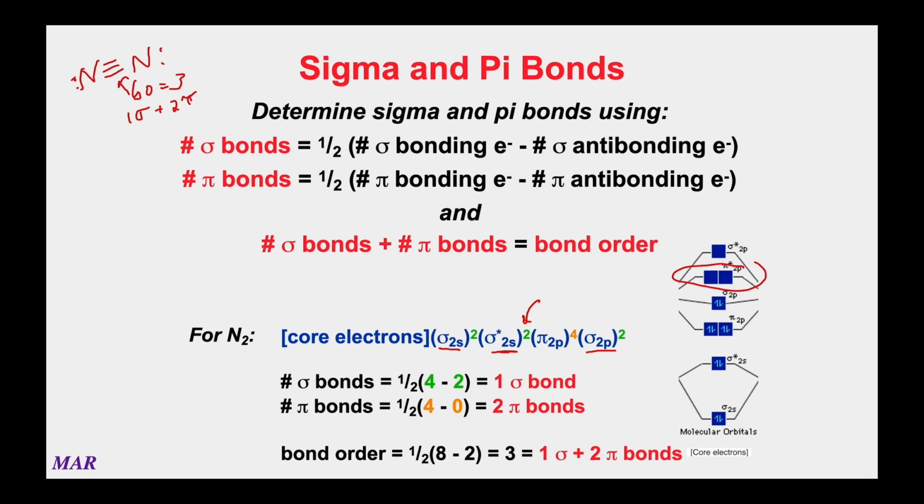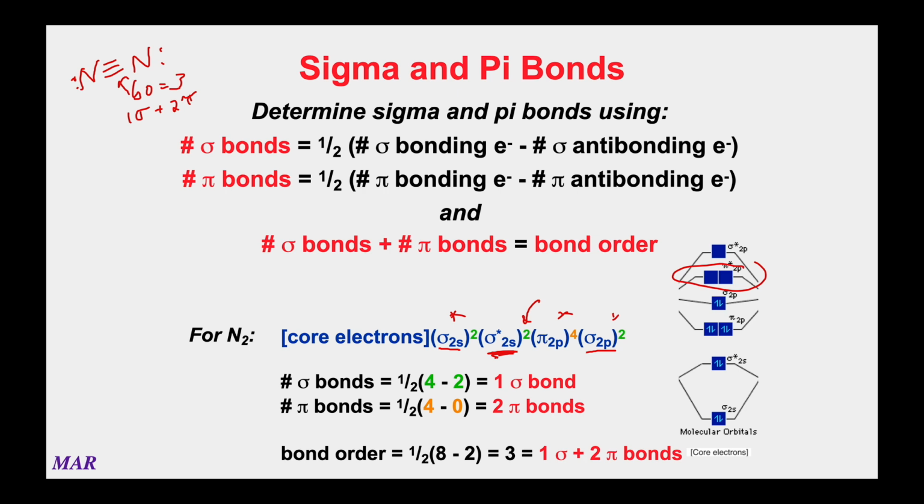And the overall bond order, 1/2 (bonding minus anti-bonding). Well, this is the anti-bonding, and all the other ones here are bonding. So 1/2 (8 minus 2) is 3. That would be the bond order, and that's good because that also equals the number of sigma plus the number of pi's. So a bunch of things here.